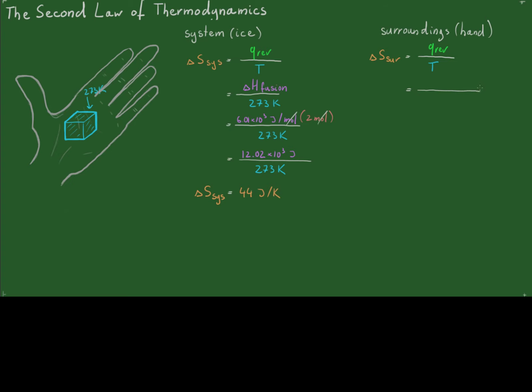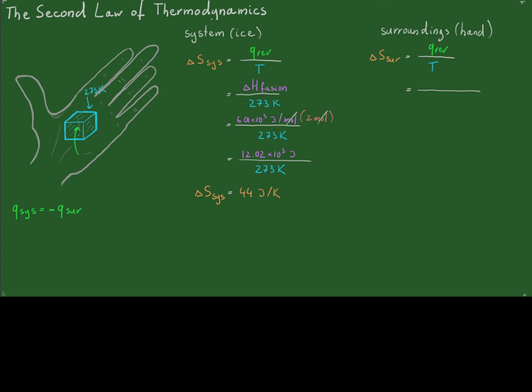However, we have to be a little bit careful, and I'm going to write it down here beneath the hand. Recall that the heat of the system is equal in magnitude, so in size, to the heat of the surroundings. However, the sign changes. In other words, any heat that is gained by this ice cube during its melting equals the heat lost by my hand. In other words, my hand is supplying the heat needed to melt the ice cube.